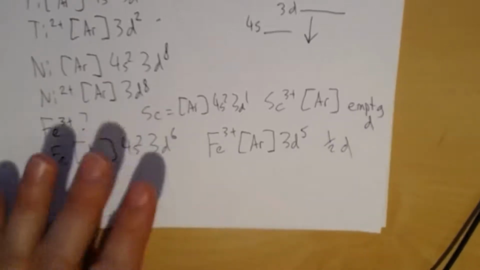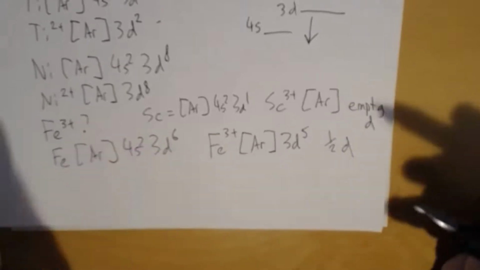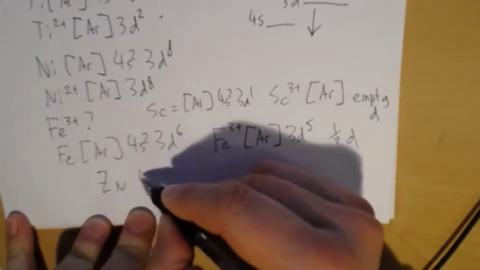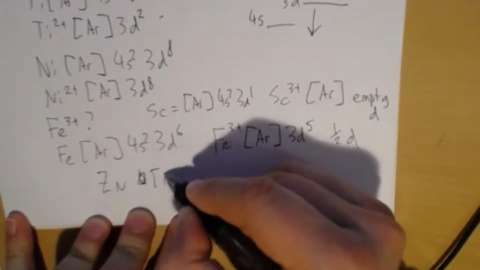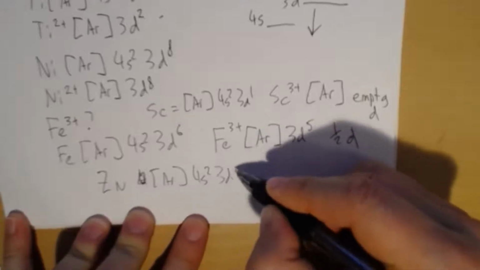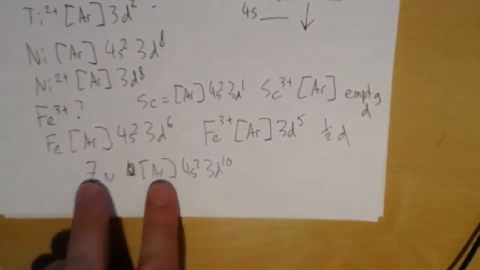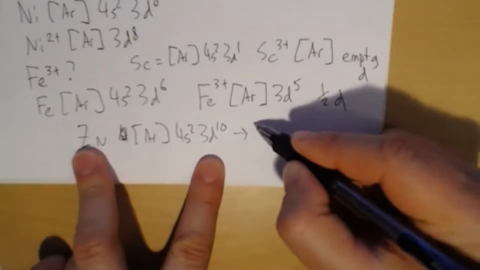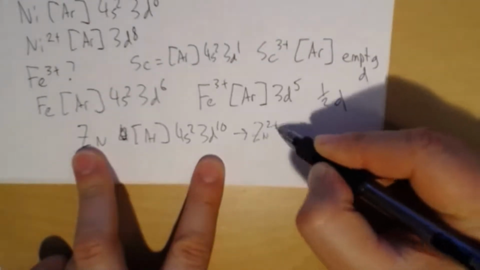Now, a lot of times they can't get to empty or half or full. Let's do zinc. Zinc is argon 4s2 3d10. Remember, zinc is one of the always cations. Zinc is always zinc 2+, which would be what?